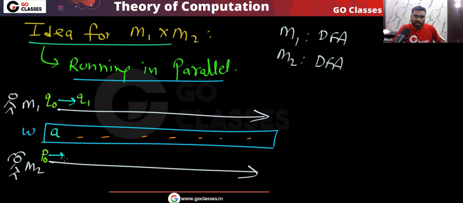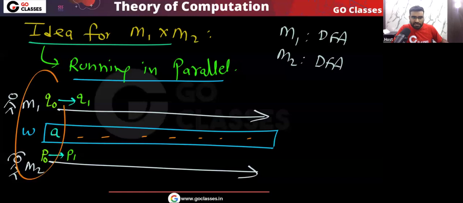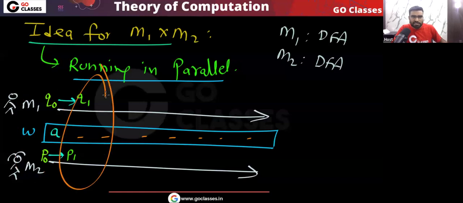For example, one can go to state Q1 and the other to state P1. So the product automata M1 cross M2 starts in this state, both DFAs start in their own initial state, then make transitions. This is the idea, running in parallel.